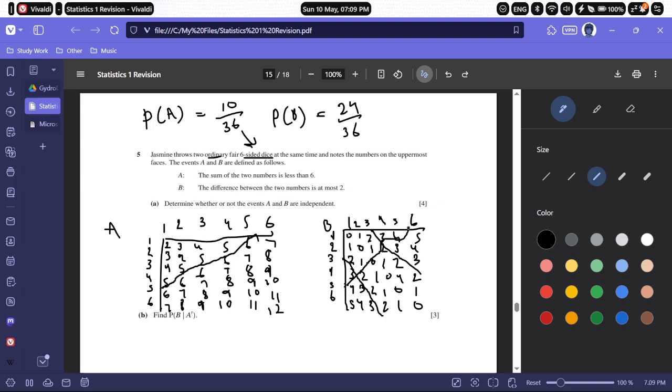So kind of like this. It's really messy, but I think you guys got it.